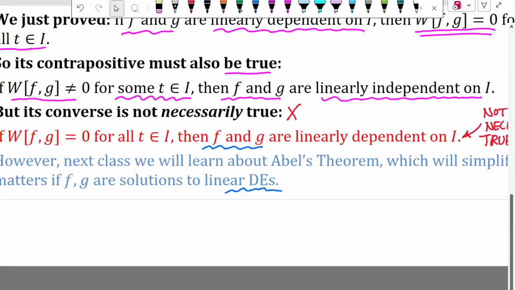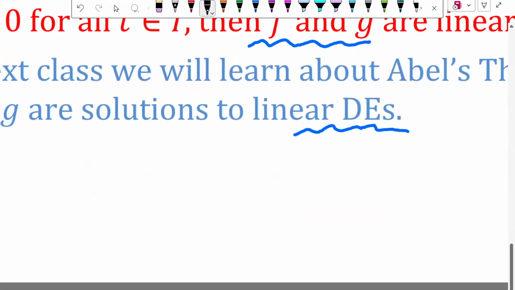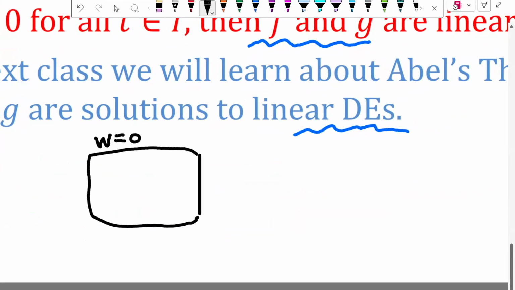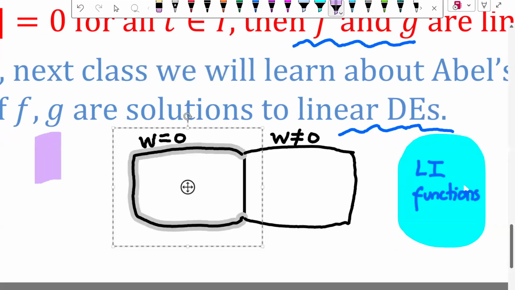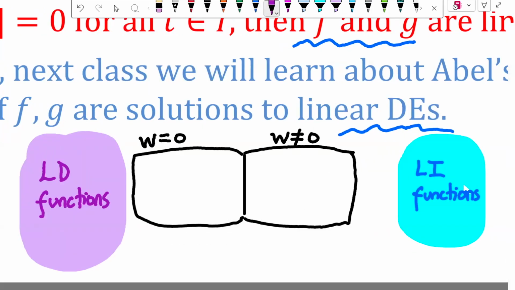Here's a visual way to think about this. Let's think about the world of the zero Wronskian and the world of the non-zero Wronskian. So these don't overlap. Your Wronskian is either 0 or non-zero. And then let's think about the space of functions that are linearly independent and the space of functions that are linearly dependent. Where do these fit in? It turns out that if your Wronskian is non-zero, then any two functions f and g must be linearly independent.